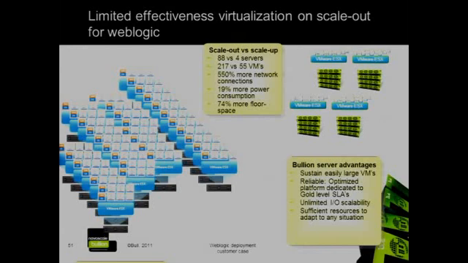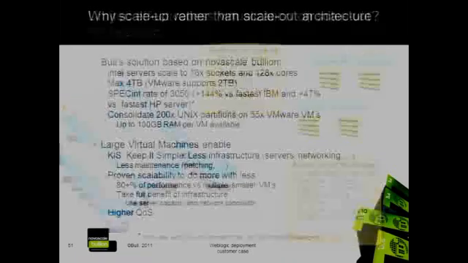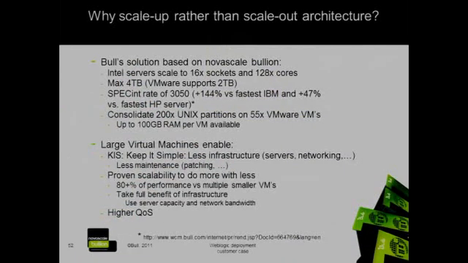With the Bull servers, we sustain those large virtual machines easily because we can still use Justin's best practices by not overcommitting memory, nor using more vCPUs than physical CPUs inside the box. And therefore we very easily obtain the gold level SLA. So with larger virtual machines, you keep it simple.